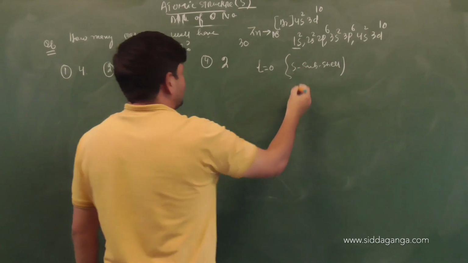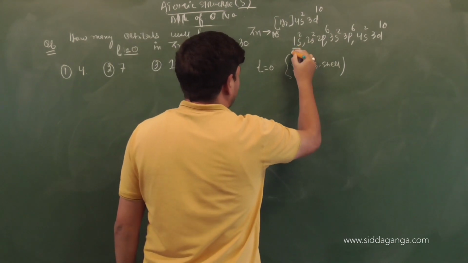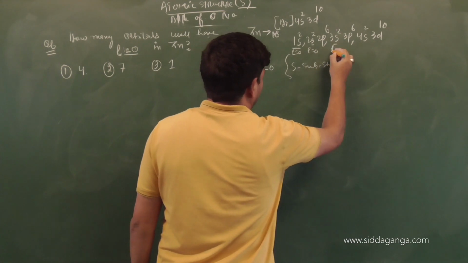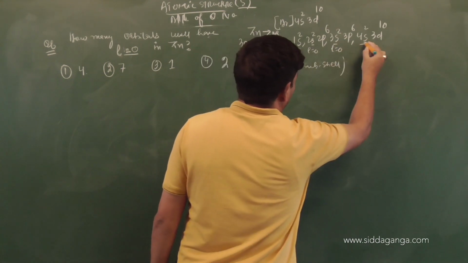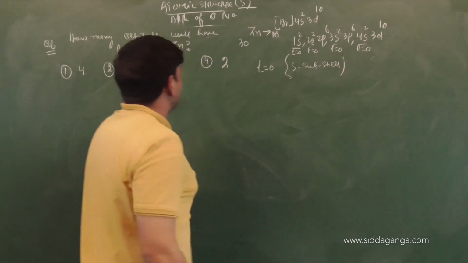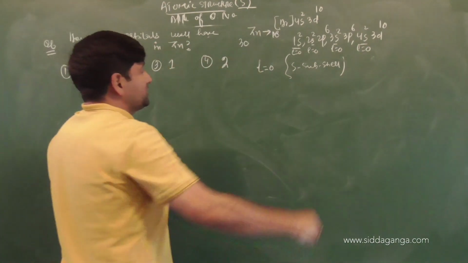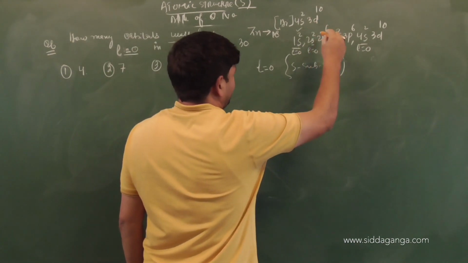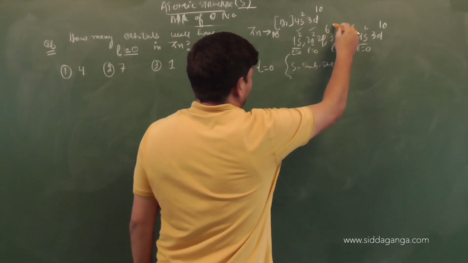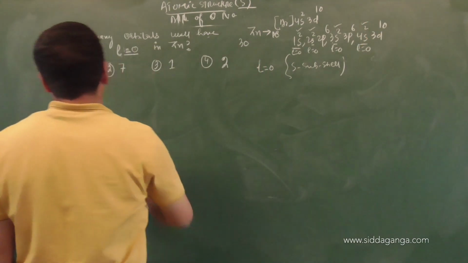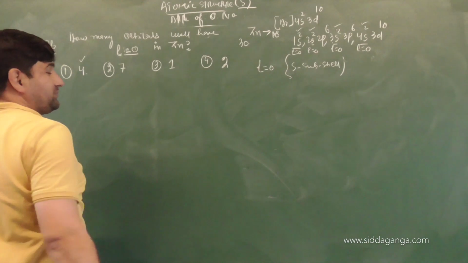The question is for how many orbitals. L value 0. Here also L value 0. Here also 0. And here also 0. So L value will be 0 for 1s2, then 2s2, then 3s2, then 4s2. So the correct option will be 4 orbitals.